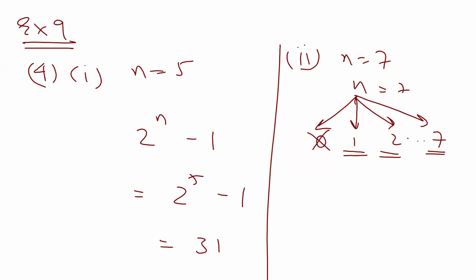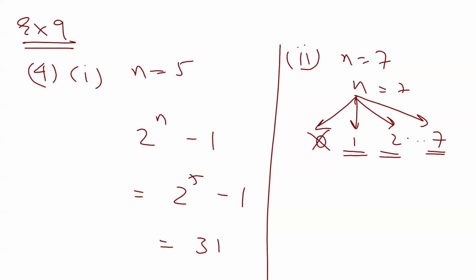So if he is failing in one paper or two papers or three papers or dot dot dot till all 7 papers, the person will fail. But then zero cannot be included. He cannot fail in 0 papers. A student has to fail, so he can fail from one paper to 7 papers. The number of papers can be one, two, three, four, five, six, seven. So he cannot fail in 0 papers.